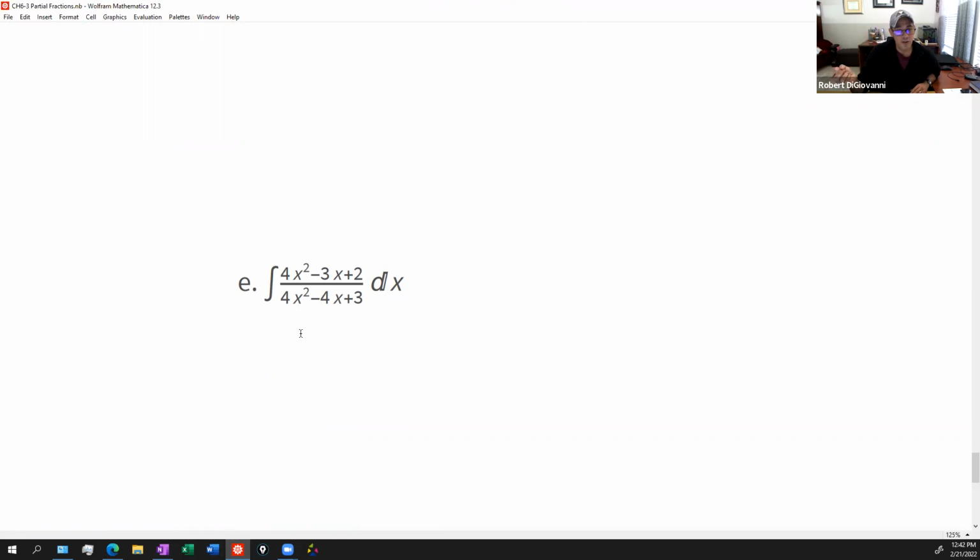After you do long division, then you're going to have to do partial fraction decomposition. After you do partial fraction decomposition, the remaining integrals are going to fall into different categories. Some of them are going to be easy, like the ones we just did, natural log, and some of them are going to be hard, like a linear over an irreducible quadratic, which is going to take a bunch of steps. So in theory, these problems could take you half an hour, 40 minutes to do just one of them.